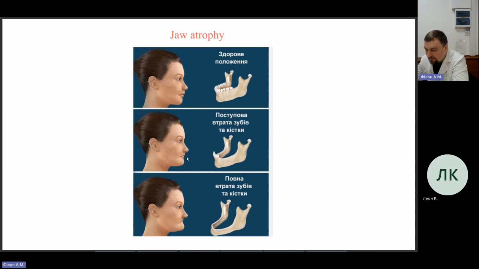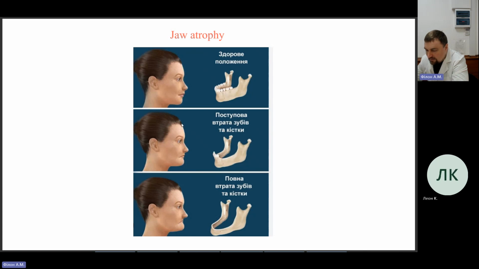But look at the difference in her profile here. Check her lips and her nose, and her lower jaw, and let's separate her face into 3 parts.